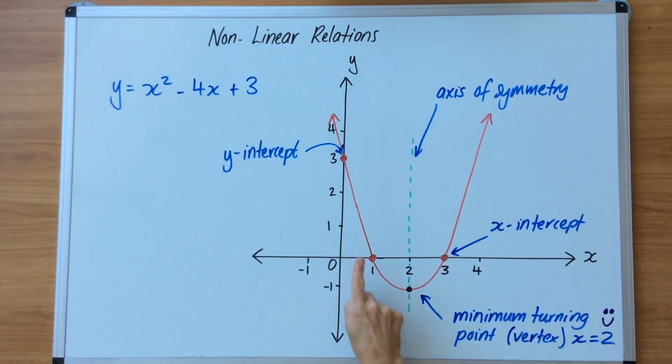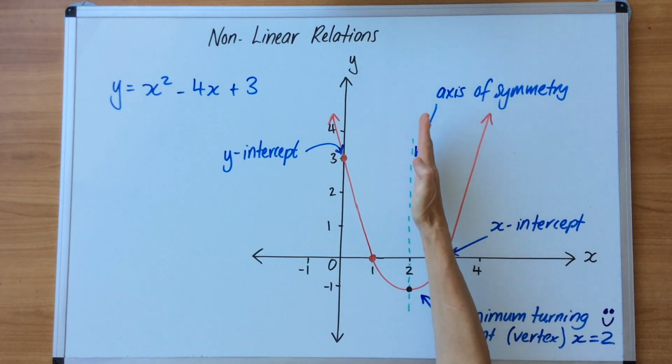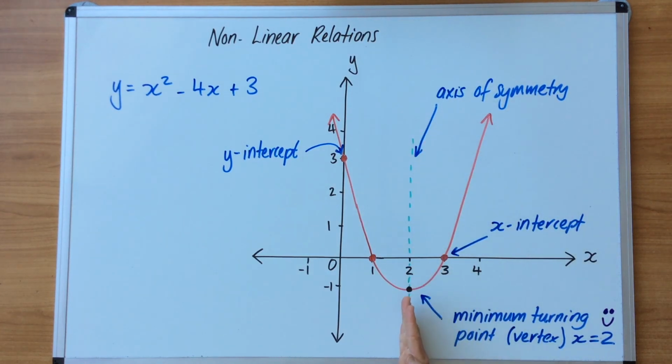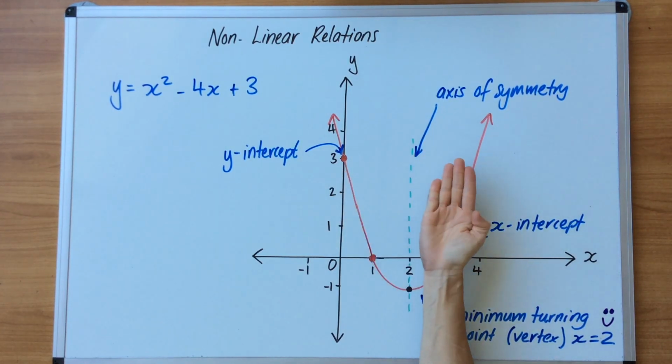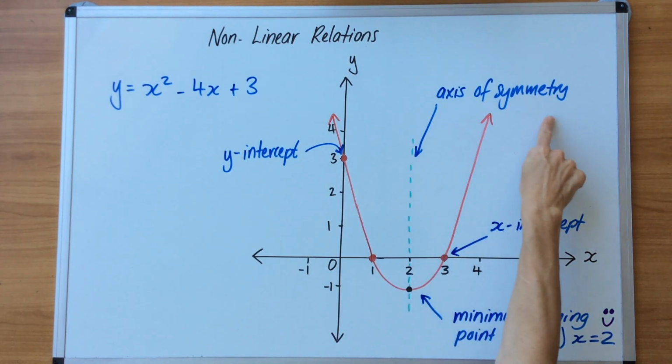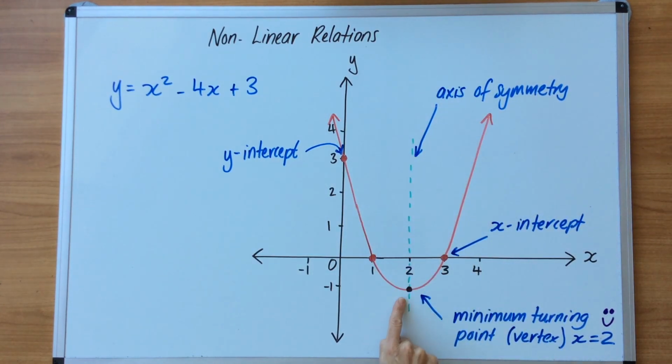And the vertex sits smack bang on the axis of symmetry. So if you fold it in half, it'll sit perfectly on each other. That's why it's called the axis of symmetry. And where the turning point is, which is the vertex, tells us that x equals 2. And the reason we get x equals 2 is because it passes through the x-axis at 2.